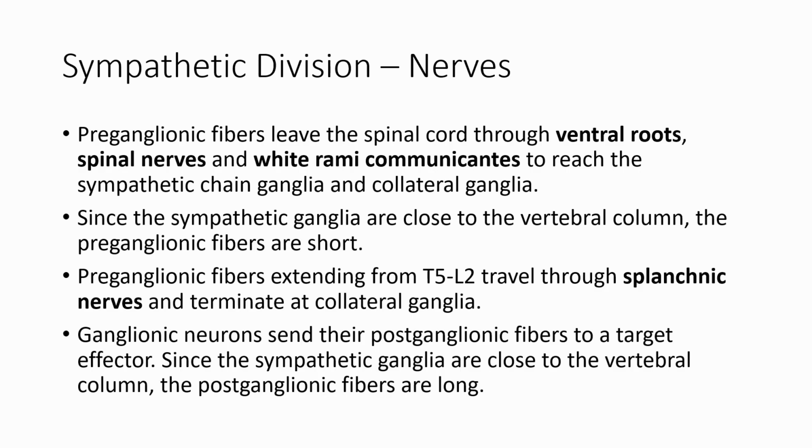The preganglionic fibers coming from T5 through L2 are going to go through the splanchnic nerves and then terminate at collateral ganglia. Ganglionic neurons are then going to send their postganglionic fibers to a target effector, and since the sympathetic ganglia are close to the vertebral column, these postganglionic fibers are long. So the preganglionic fibers are short, the postganglionic fibers are long.